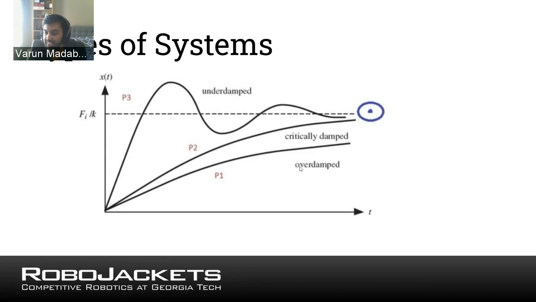Or when it's overdamped, it does that very slowly. So the correct rise time results from a critically damped system. If you want your robot to meet the goal as fast as possible, your goal is to tune it so that it's critically damped, or as close to that as possible.